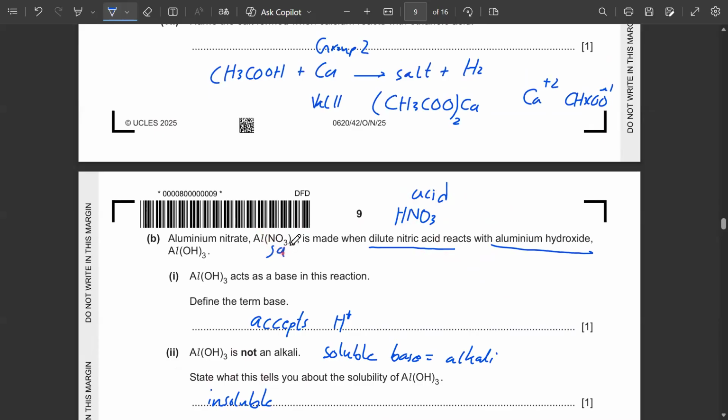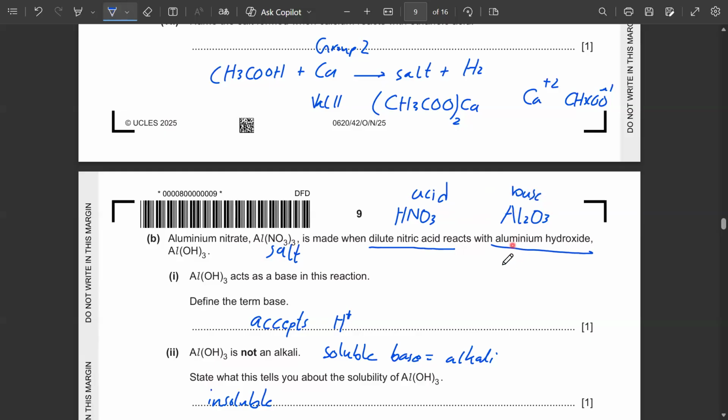This is salt. So the only remaining reactant that can be reacted with the nitric acid could be aluminum oxide, Al2O3, because this is also working as a base when reacted with the nitric acid.